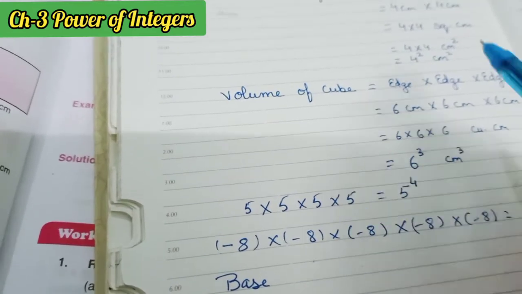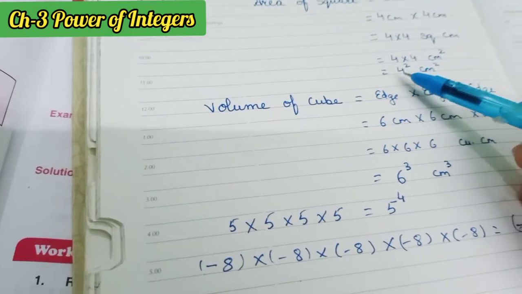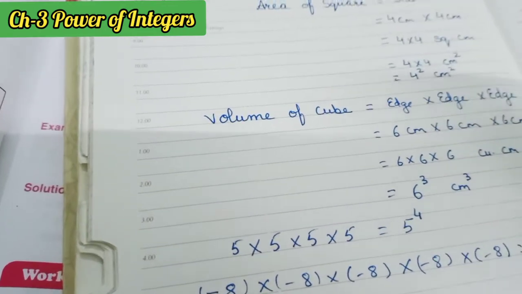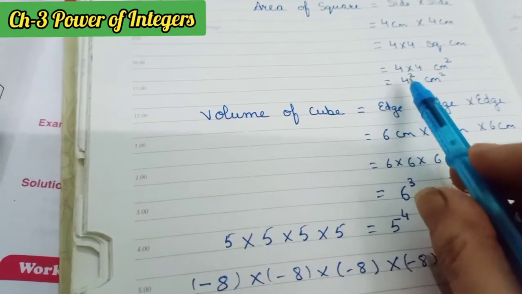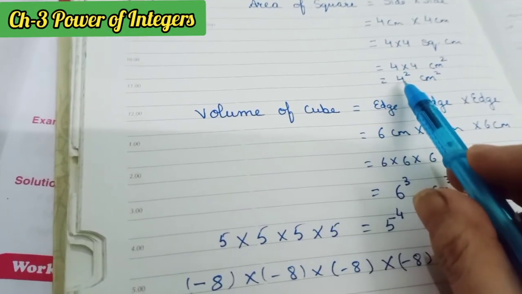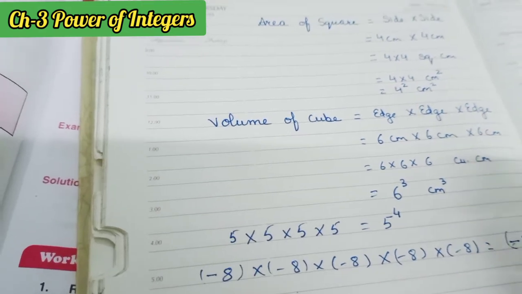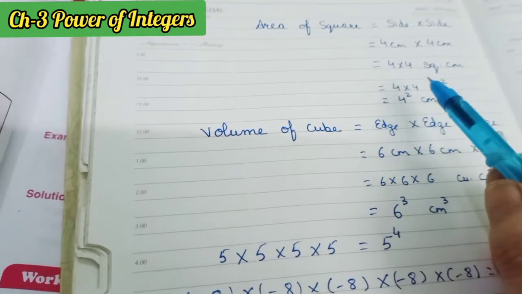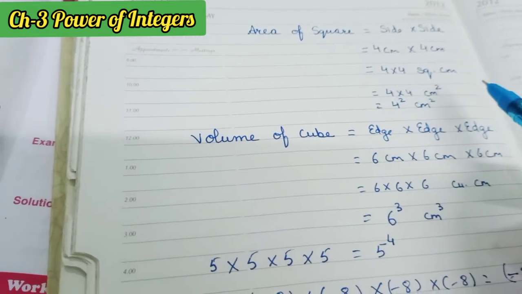So base and power, that is how many times we multiply that base. Base is a number or integer which is multiplied by itself many times, and exponent or power is the number of times the base is multiplied.